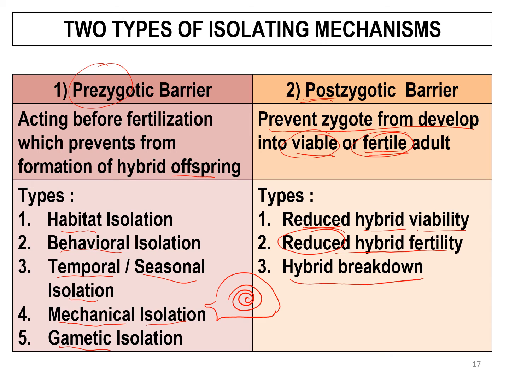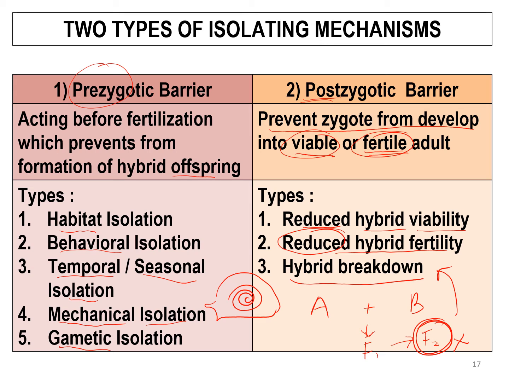Okay, next is hybrid breakdown. Hybrid breakdown means the hybrid, contoh A female and B male produce a hybrid, a zygote. So the zygote is F1, and then F1 can produce F2, but then F2 cannot produce another generation. So this is what we call hybrid breakdown. So it stops at F2 only.